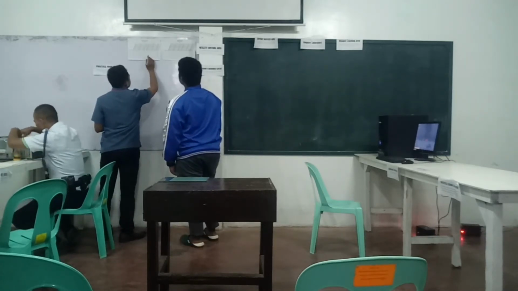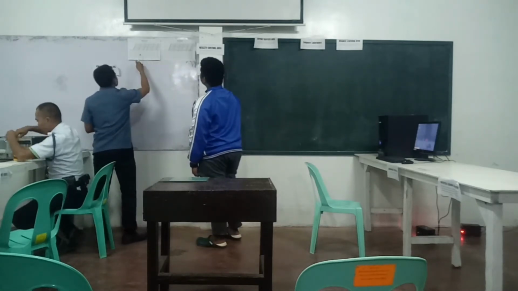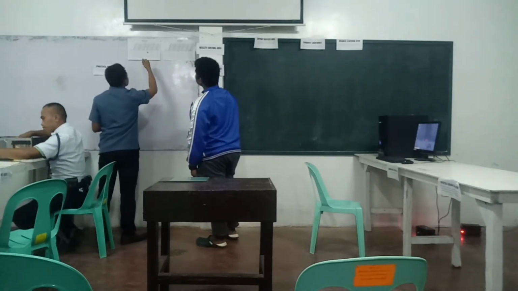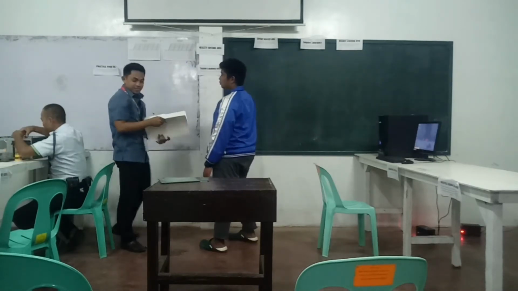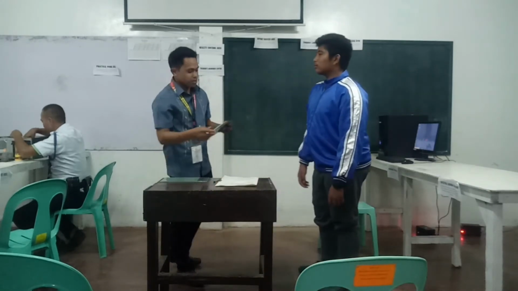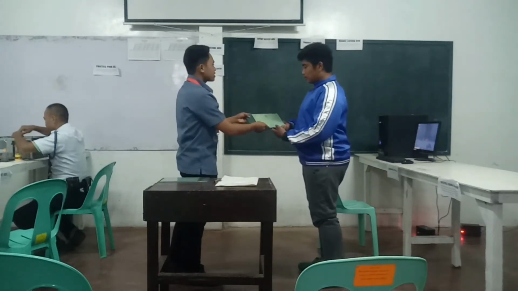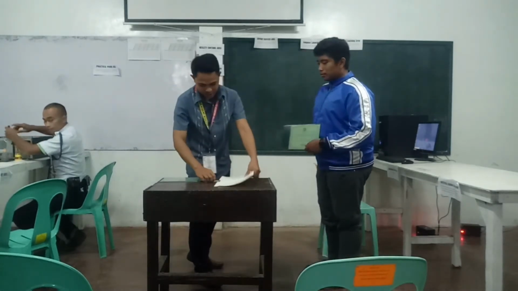As you can see, Mr. Aldrin, you only have 2 modules left. Now, Mr. Aldrin, I am proud and happy to give this certificate of completion for completing the first and second module.